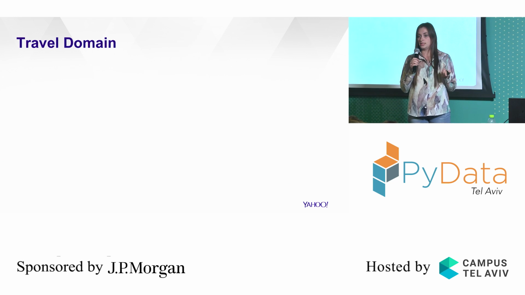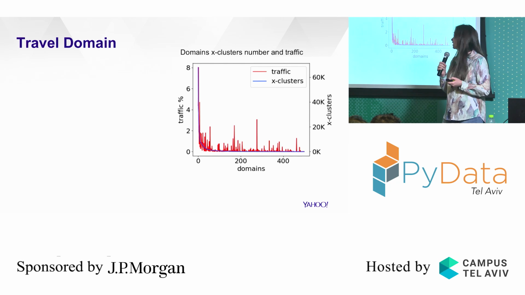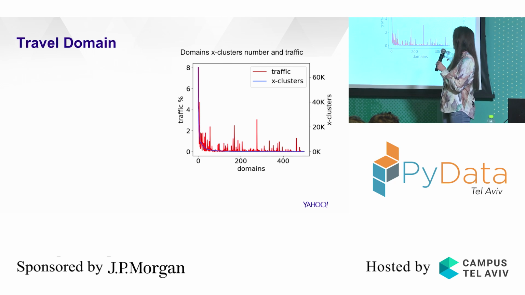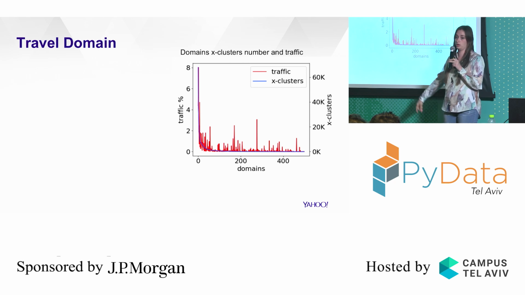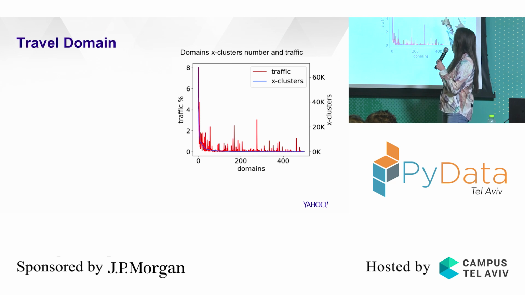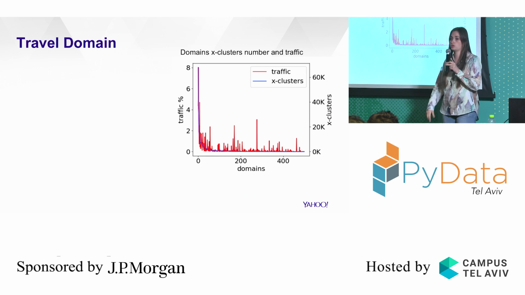So, some statistics about the travel domain, just for you to understand how the XPath clusters behave. Here we sorted the domains by the number of XPath clusters. It's the blue curve, and obviously it's exponentially descending. And the red curve represents the traffic ratio.